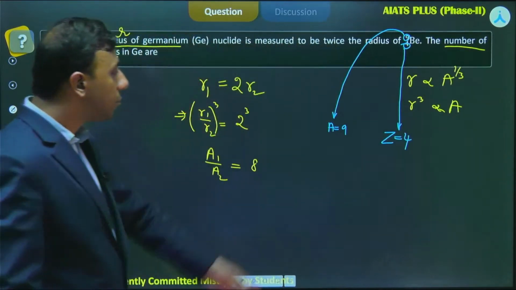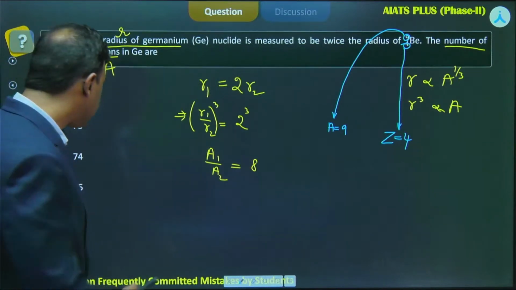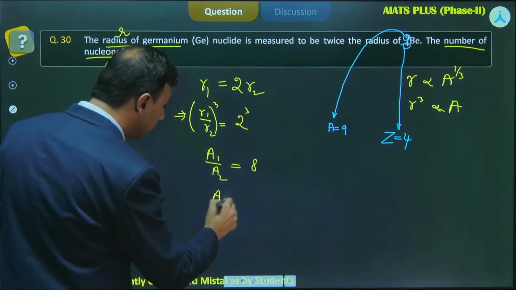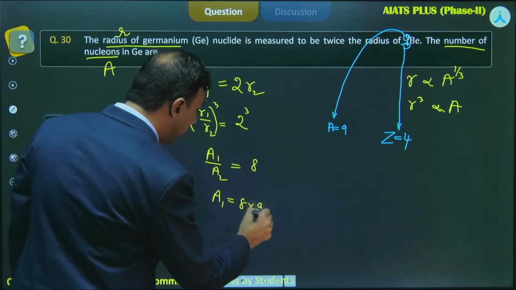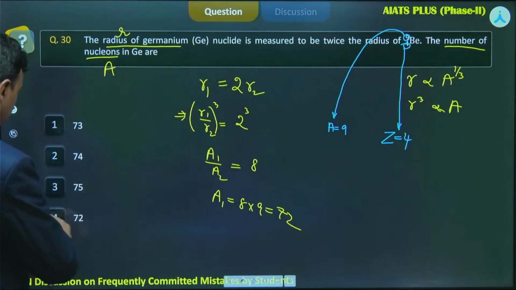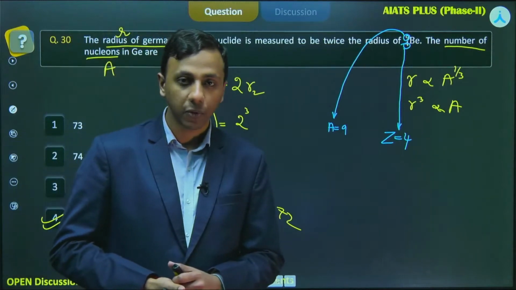Anyway, the mass number is 9, so put 9 over here. A1 will become 8 into 9, which equals 72. And that was your answer.